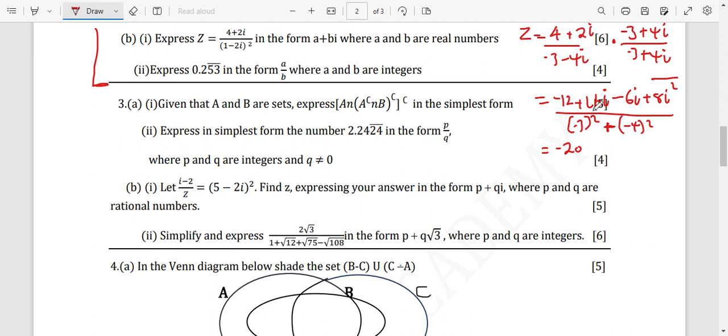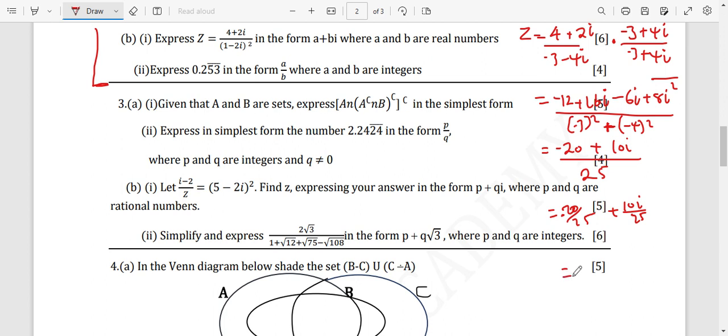And then you have 16i minus 6i, that is positive 10i. In the denominator, 3 squared is 9, 4 squared is 16, 9 plus 16 is 25. So this is going to be negative 20 over 25 plus 10i over 25.